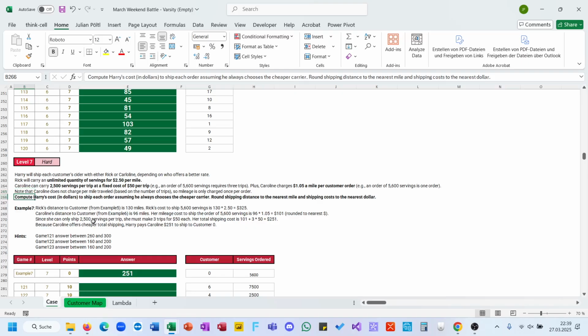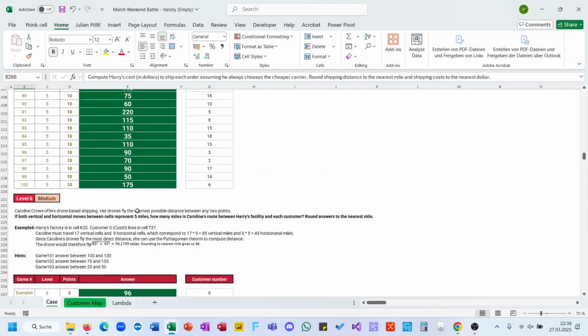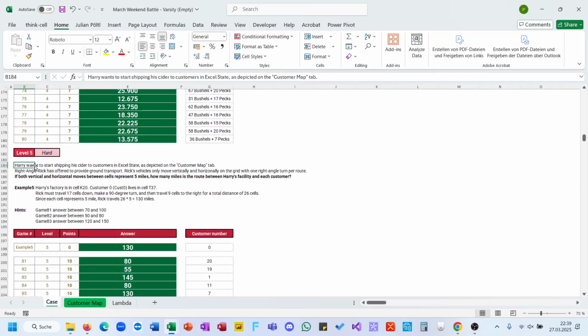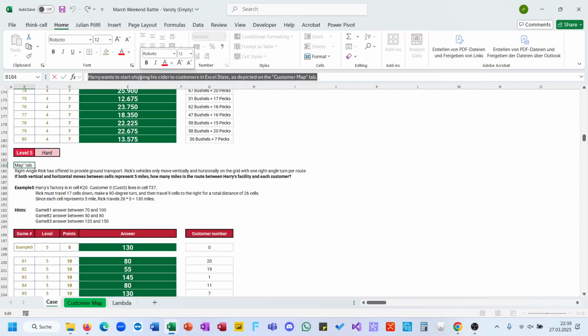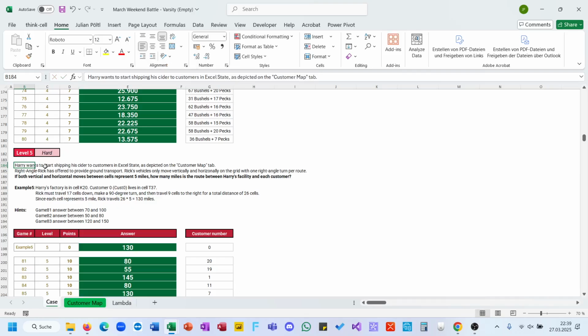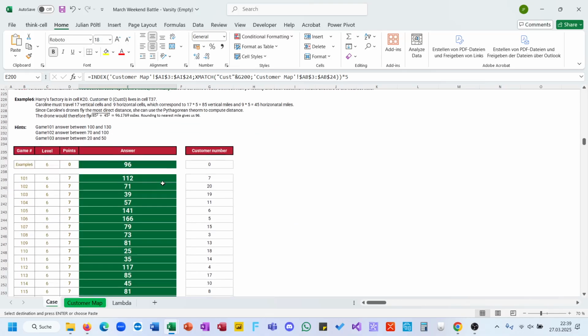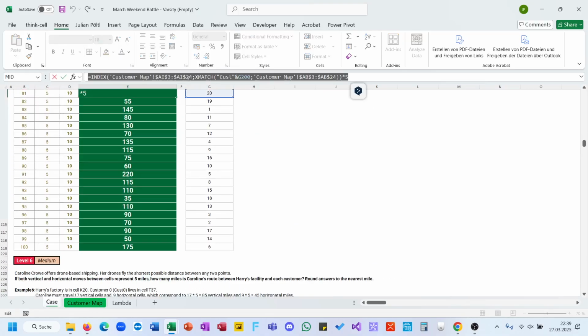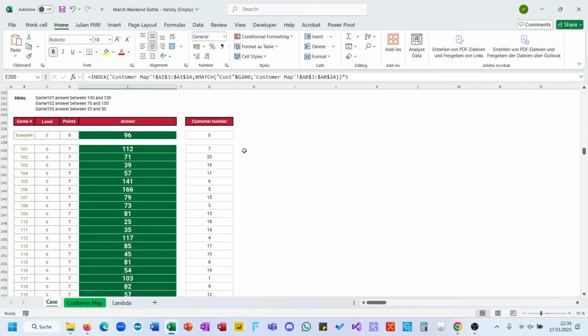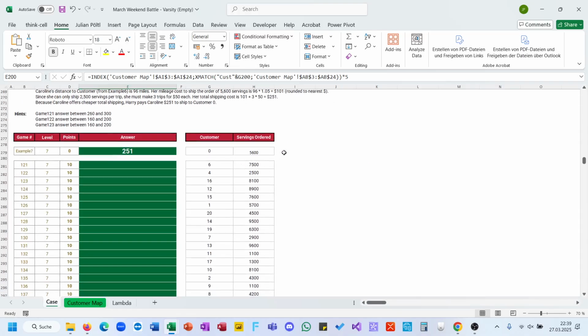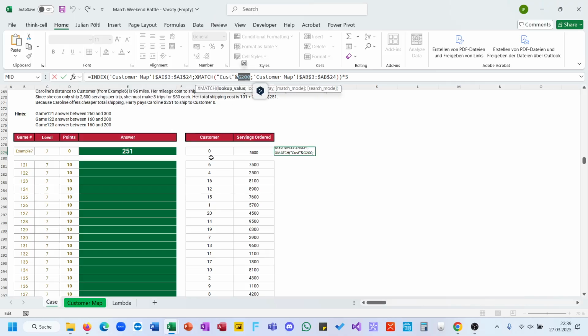There's no hint about if the travel is... Okay. Reading is not my best thing. It's written here that this is the Harry travel and this is the Carolina travel. Okay. So Carolina distance, Harry distance. And the customer is given here.